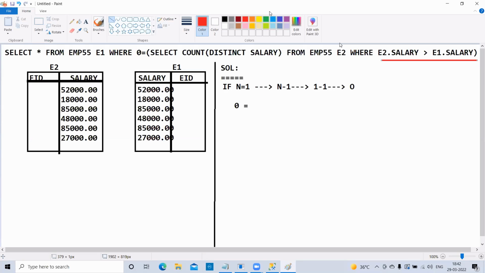Now your execution will start. In a correlated subquery, which query is executed first, inner or outer?